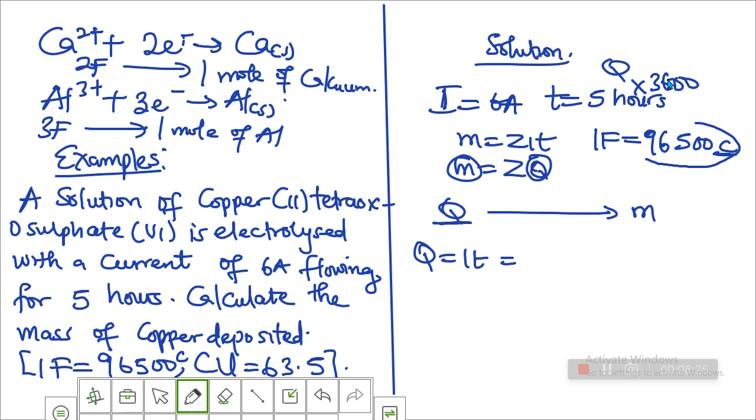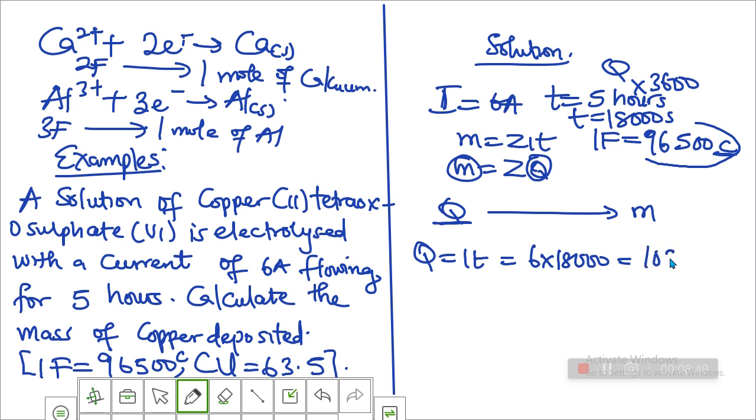So let me quickly calculate that. So that will now be what? That will be 18,000 seconds. That's the time. Now our current will be 6 times our time, 18,000. So that will now be what?